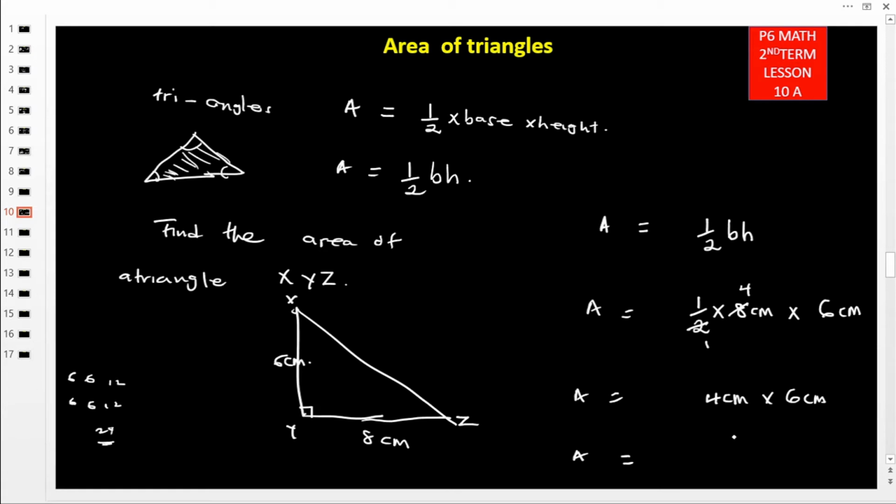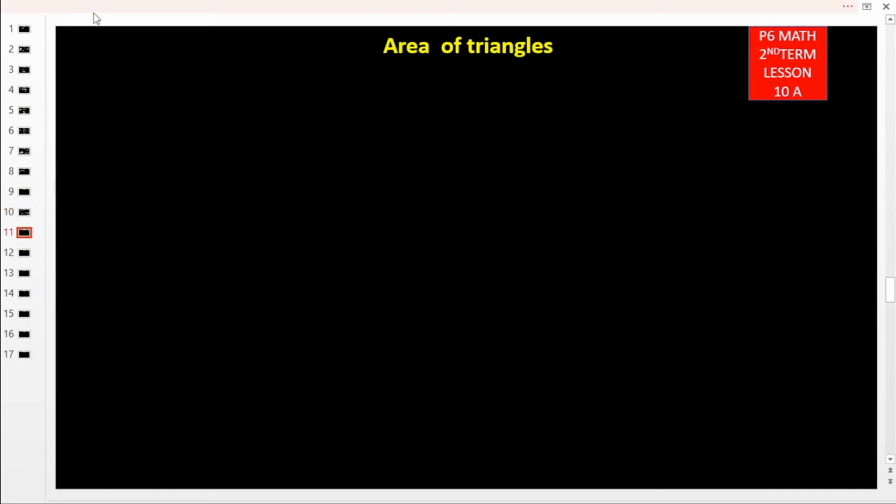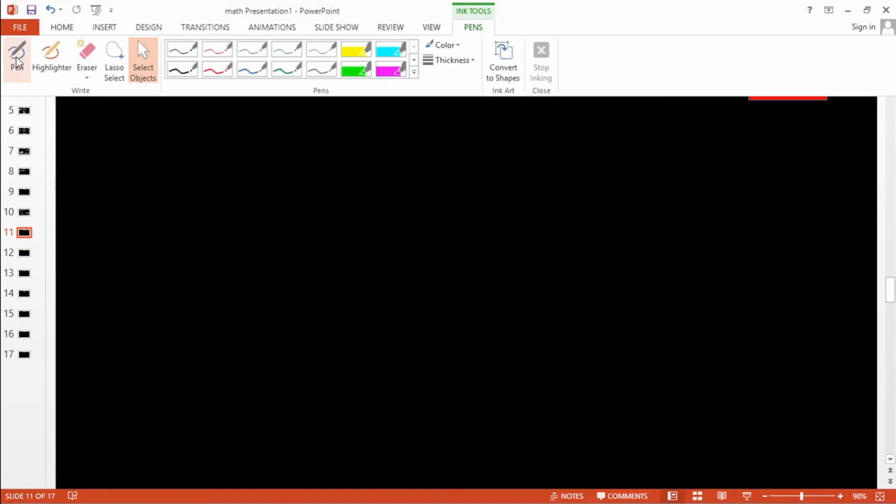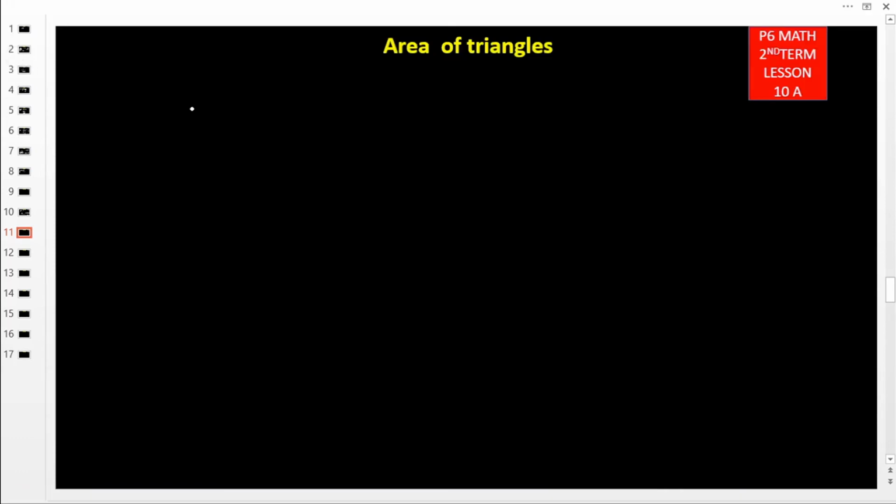So 4 groups of 6 is equivalent to 24. Centimeter times centimeter, we get centimeter squared. Please remember the units are always squared. Area is measured in square units. So let us get another example.